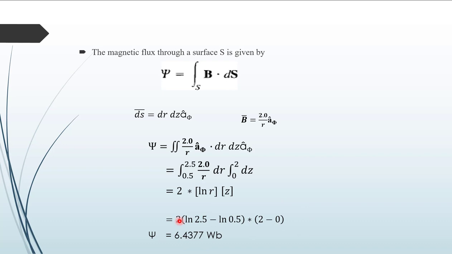So the final value of ψ, that is flux, is equal to 6.4377 Webers. In electrostatics, the flux was measured in coulombs and indicated by the symbol φ. Here we have to indicate the flux in magnetostatics by the term ψ. ψ is measured in Webers, remember.